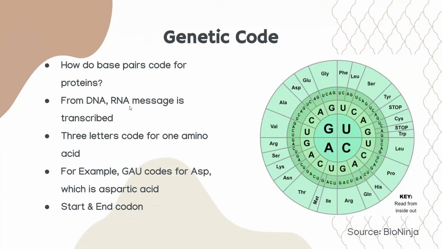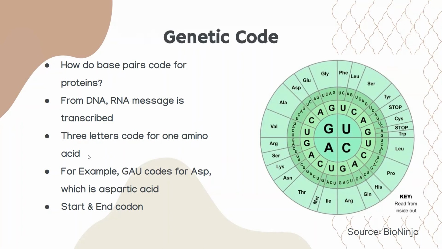You have to use the copy file to send out a message to someone else. You can't actually give out the file that you need. So DNA has to be copied first into RNA, which we call transcription.